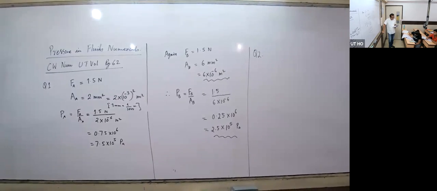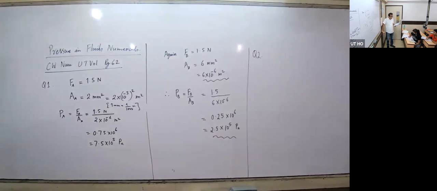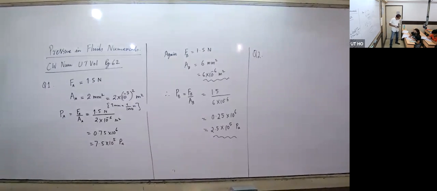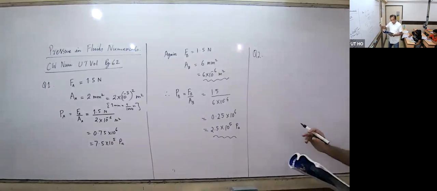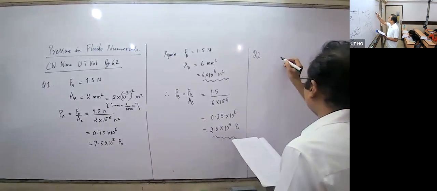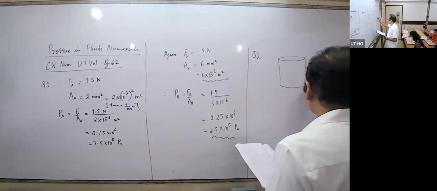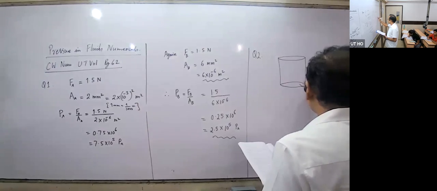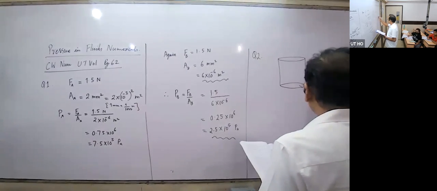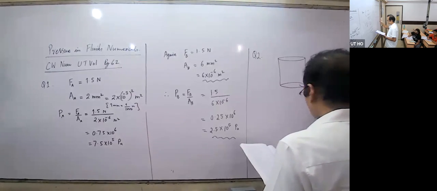The next, question two. Everybody has the volume? Yes. If not, I think this is a common question from the book. I'll just read the question. The area of the base of a cylindrical vessel is 300 centimeters square. Yes, it's the fourth question. So the area of a cylindrical vessel like this. Area is given as 300 centimeters square.